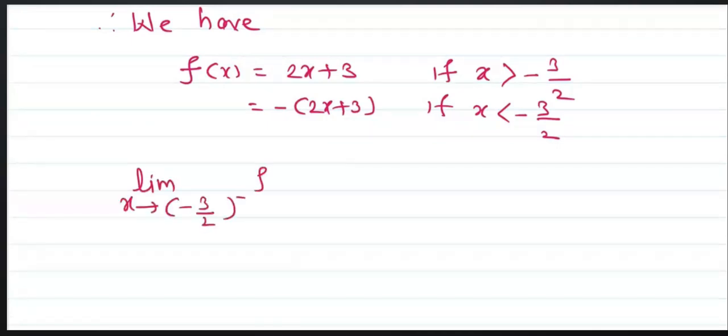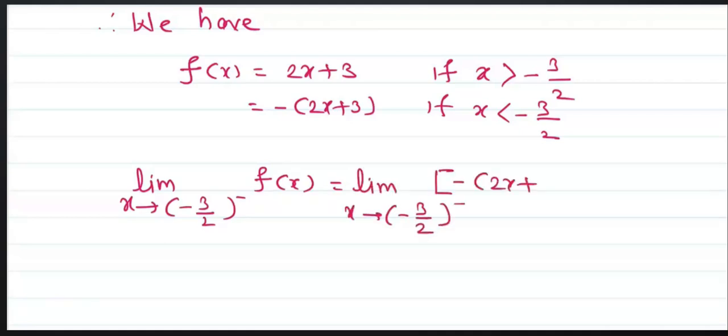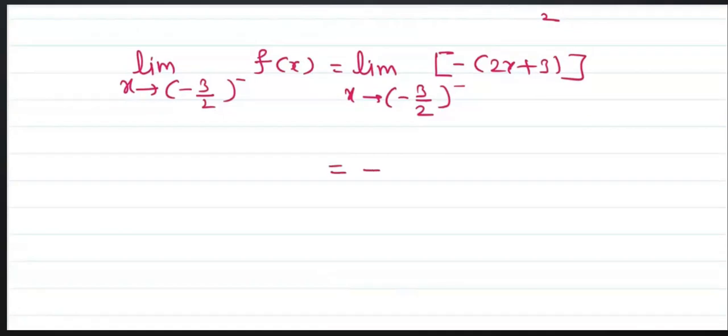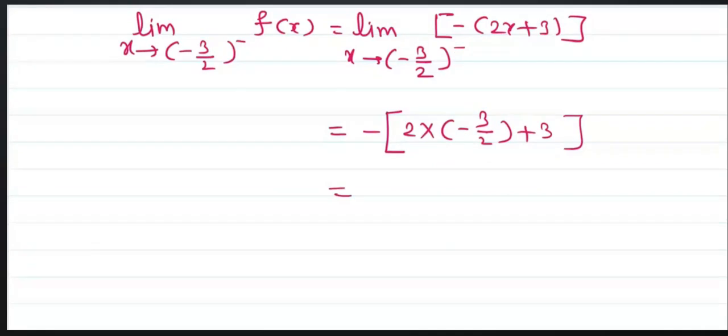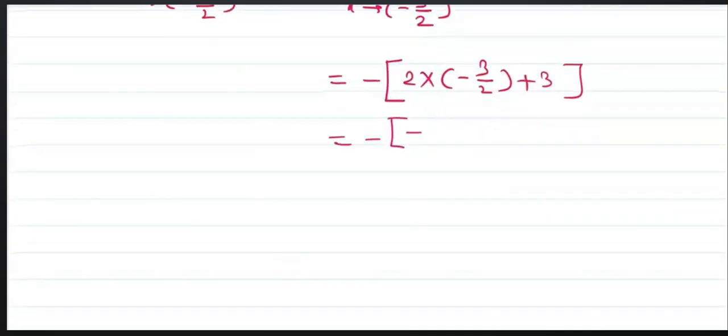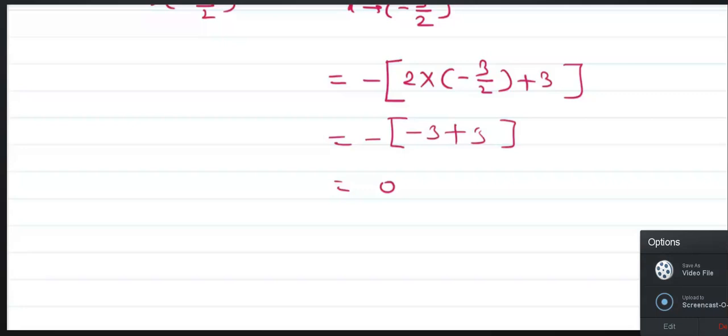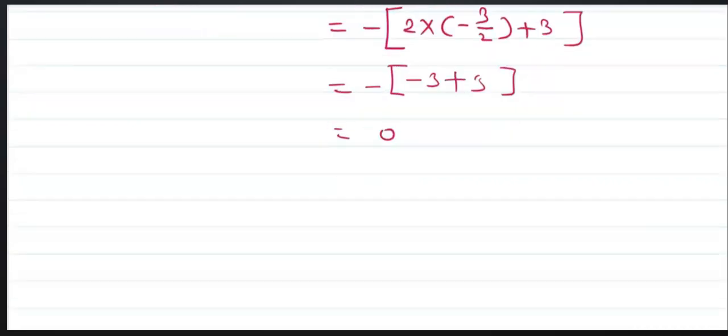First of all, we will find the left hand side limit. We are substituting the values. And that's why we get the left hand side limit as 0.